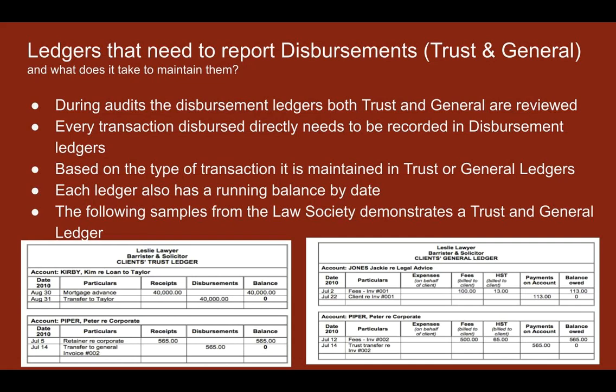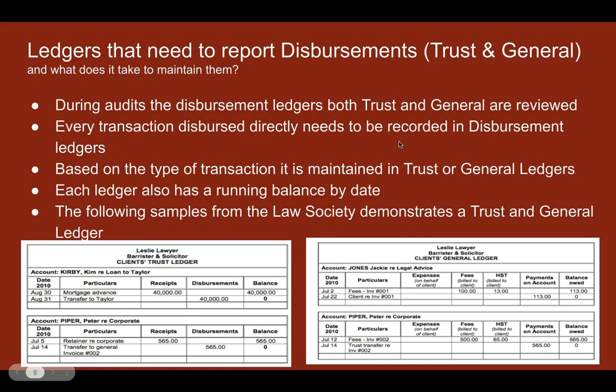So client's trust ledger is nothing but any receipt or withdrawal that takes place directly from your client's trust account. There could be any receipts that come in as deposits and any withdrawals. So all of these are captured.